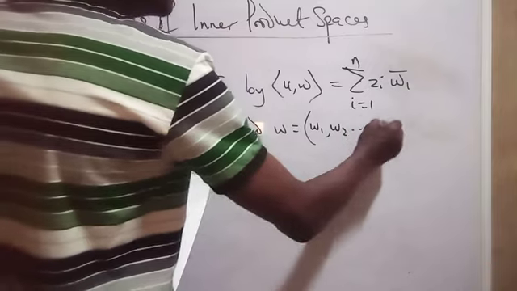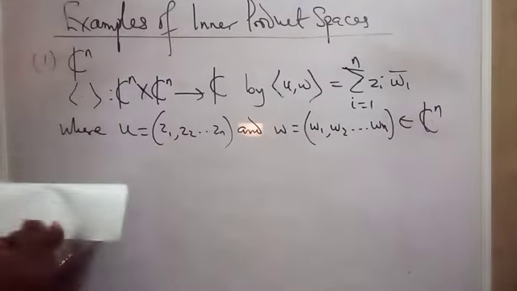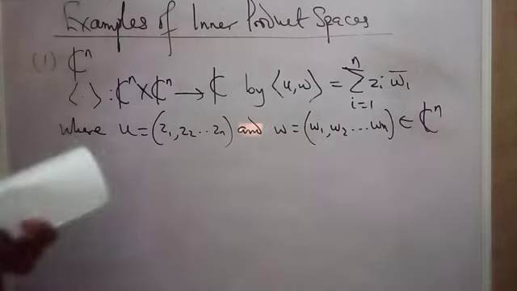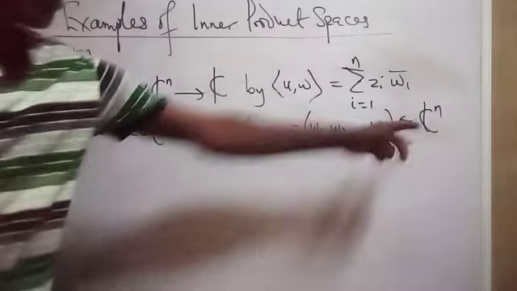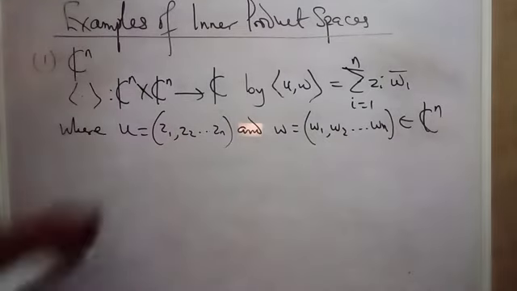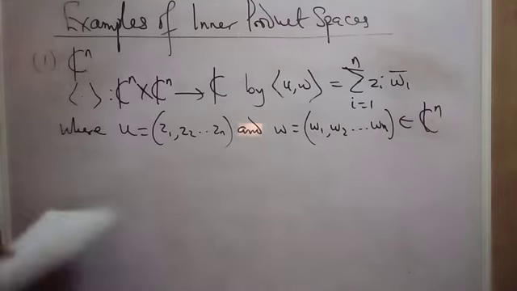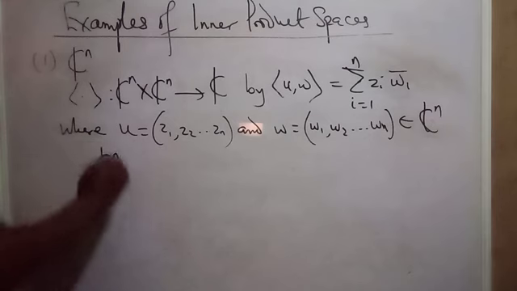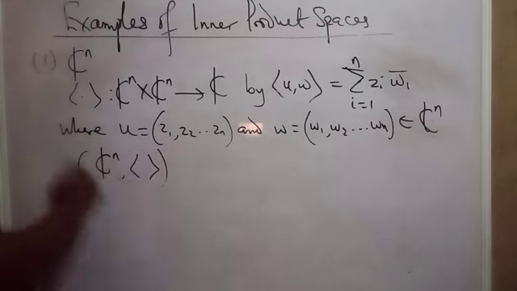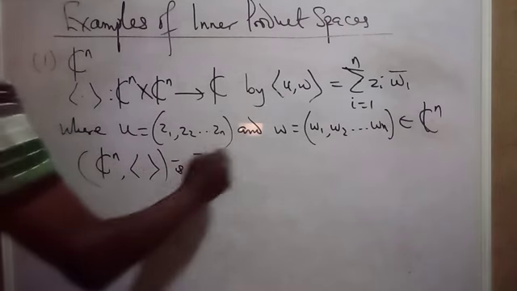These are in Cn, that is, the n-dimensional set of complex numbers. The dimension of this particular space is n, and they are all complex numbers. So Cn together with this inner product is an inner product space.